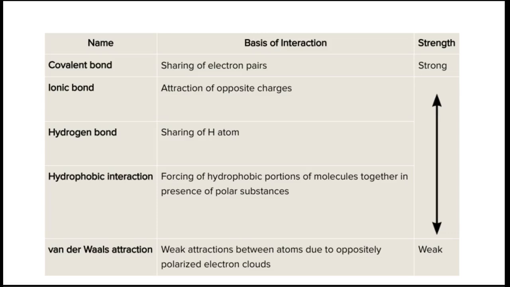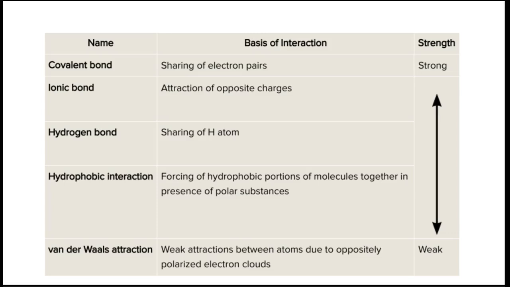And so there are different bonds that are out there. This is just a reminder of the different types of bonds and their strengths. The strongest is a covalent bond, which is the sharing of electrons. Ionic bonds are the attraction of opposite charges. A hydrogen bond, which we just talked about, is the sharing of the hydrogen atom.